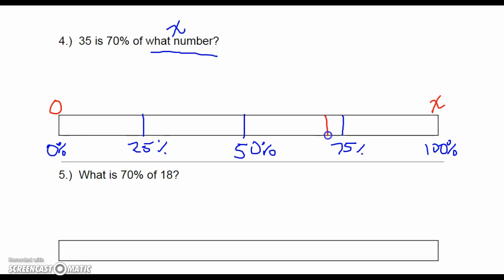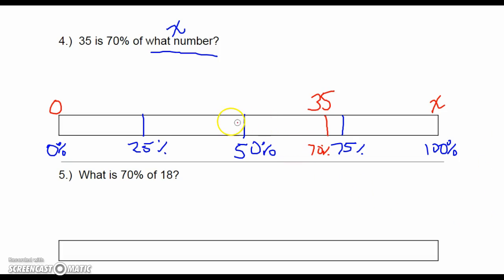So right here is about where 70% would be. My estimate, well, I know it can't be 70. X can't be 70 because 35 would have to be exactly 50%. If I double 35, I would get 70, and that would just be too much. I know my answer has to be less than 70.